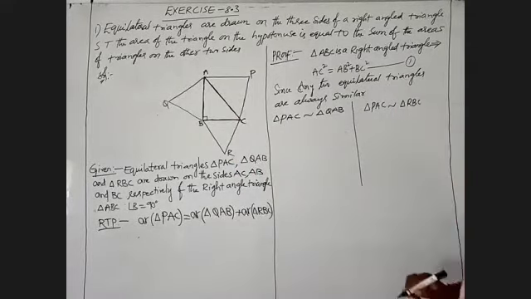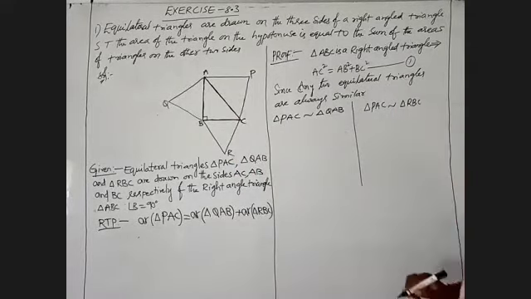We have to write in this one. Their reciprocal also we will write. That means area of triangle QAB by area of triangle PAC is nothing but AB whole square by AC square.